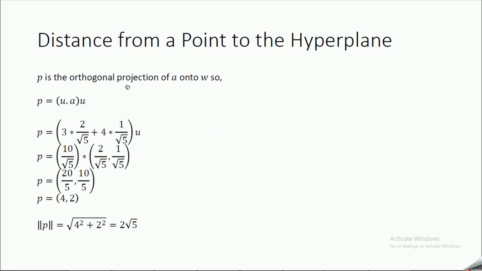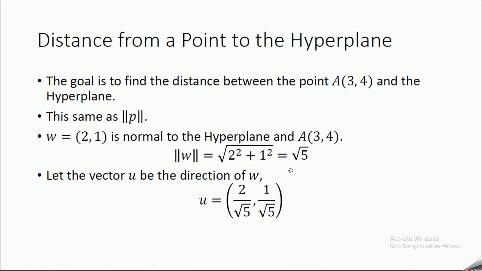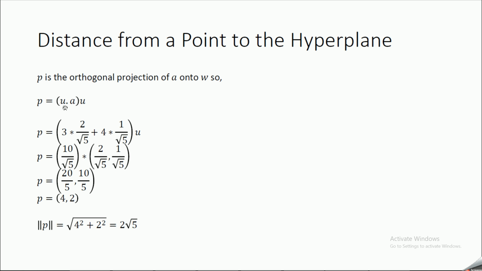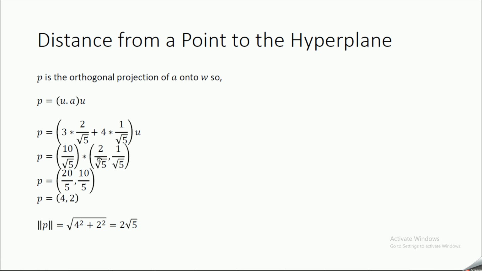P is an orthogonal projection of A on W. So if you see, P is perpendicular. It is an orthogonal projection of A on W. So how can P be written? As (A · u) times u, because u is in the direction of your W. Now this u we have already found out, which is (2 upon root 5, 1 upon root 5).